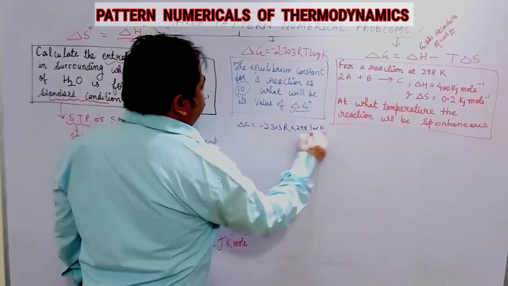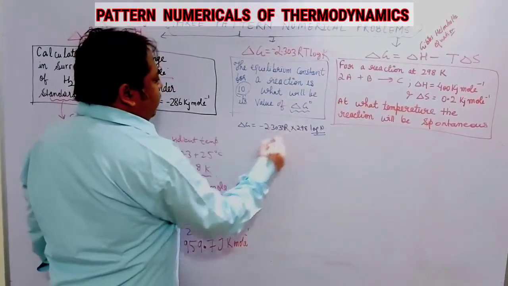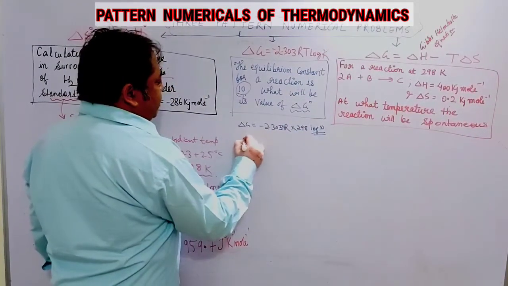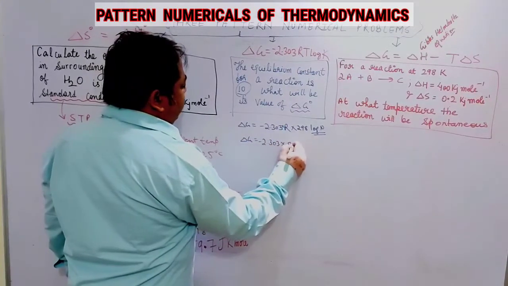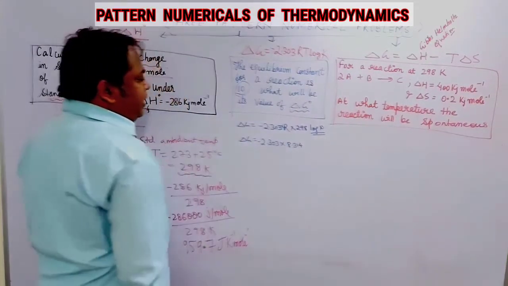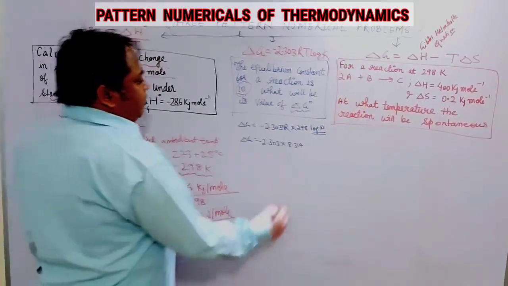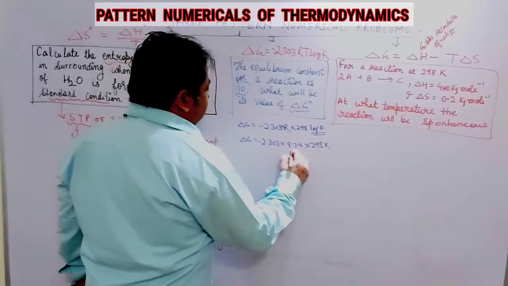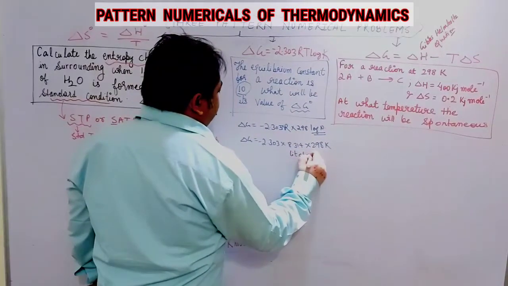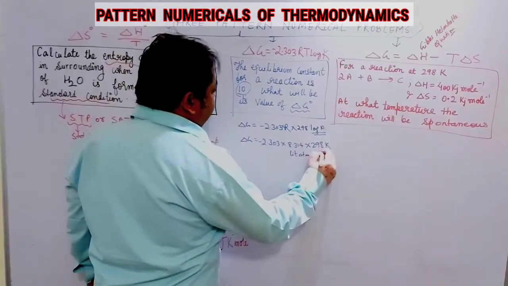The value of log 10 is always 1. So delta G will be 2.303 into 8.314, in joule per mole per Kelvin, into 298 Kelvin.